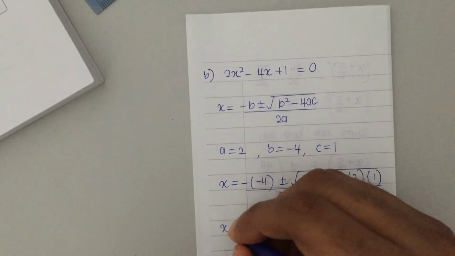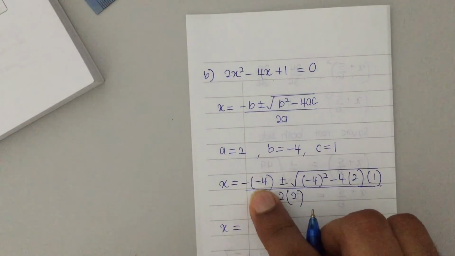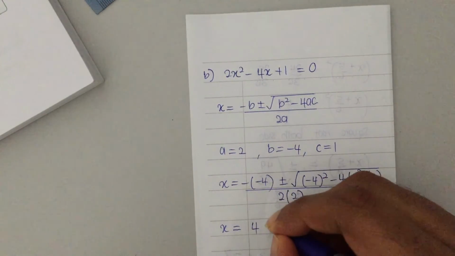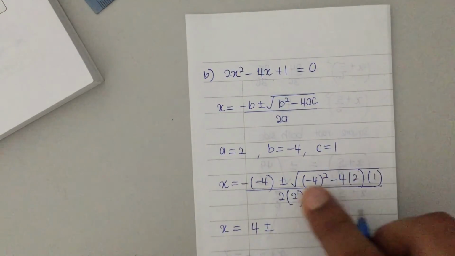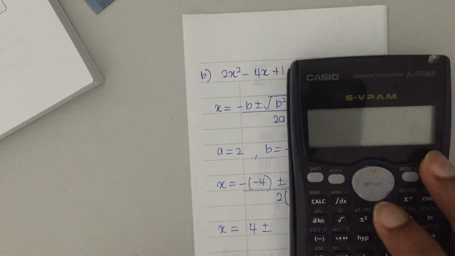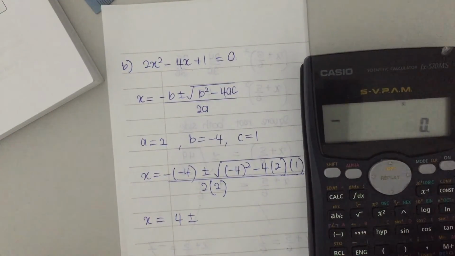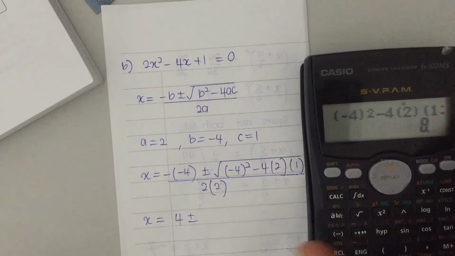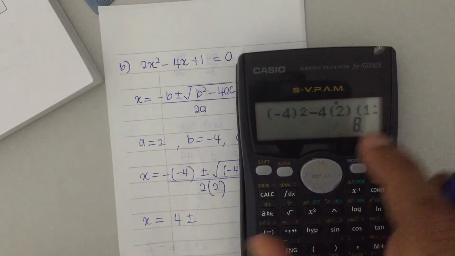Okay, so from here x will be equals to, the negative over here will become a positive, 4 plus minus. Okay, let us solve the inside part. Let me just show the calculation on the side here. So negative 4 squared minus 4 times 2 times 1, you get the square root of 8. Okay, I hope you can see it clearly.